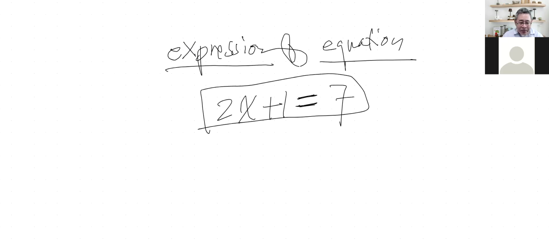Okay. So now we're going to look at some rational equations. Some can be pretty simple. For example, 1 over x is equal to 3. Well, what is our x?